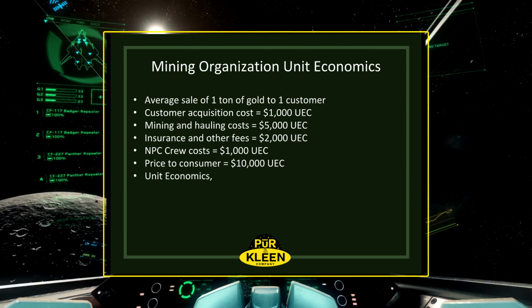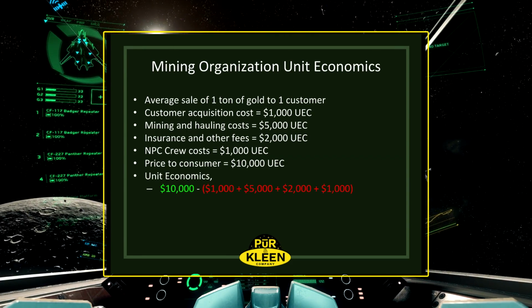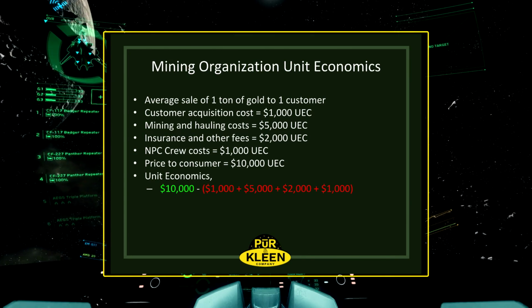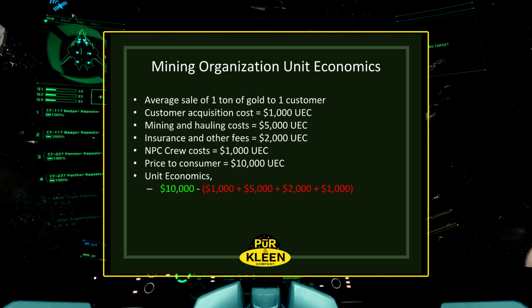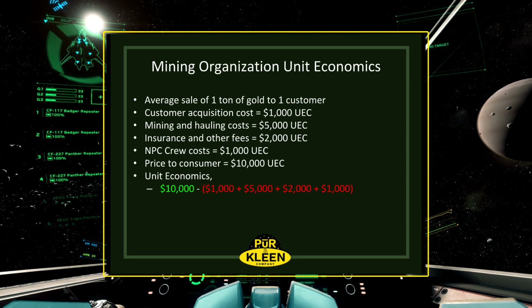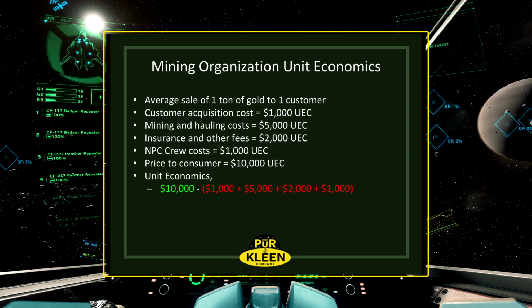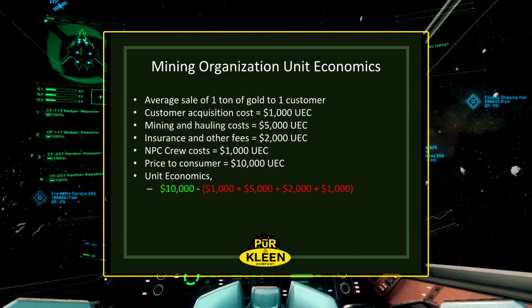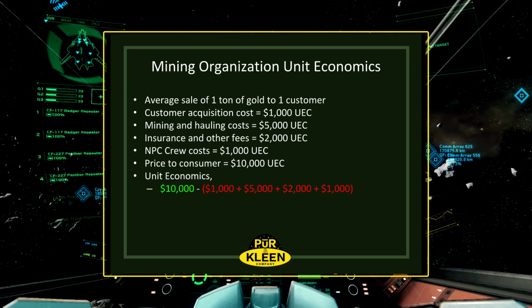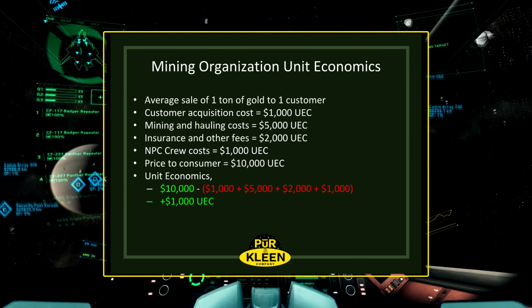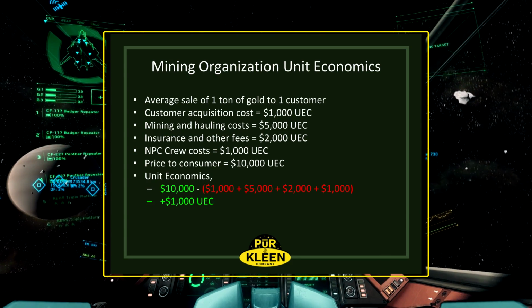Our unit economics is the 10,000 UEC that we want to sell our gold for, minus the 1,000 UEC for our customer acquisition cost, minus 5,000 UEC for acquiring the gold in the first place, minus 2,000 UEC for insurance and other fees, minus 1,000 UEC for paying our NPC crew, which leaves us with a positive 1,000 UEC balance.